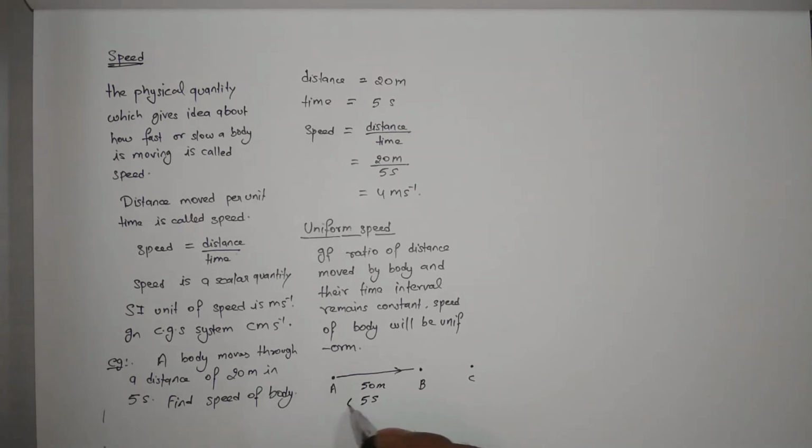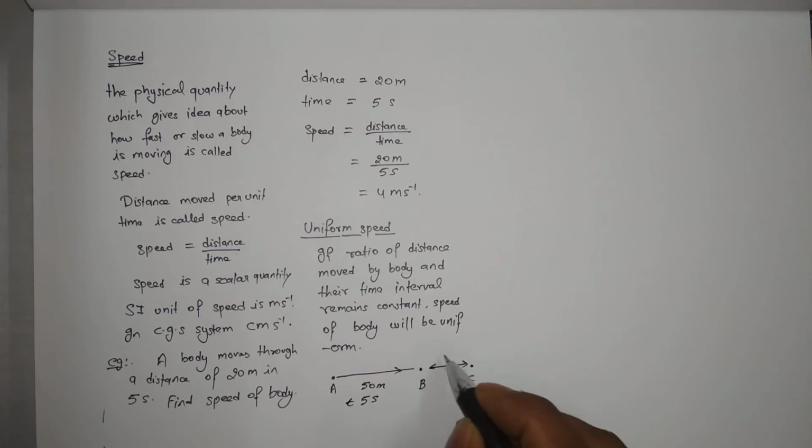Okay, this is time. And from B to C this distance is 30 meter and body is taking time of 3 seconds to move from B to C.